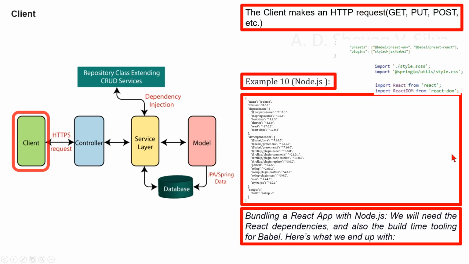As an example 10, we are considering building a React app with Node.js. We will need React dependencies and also build time tooling for Babel. Here is what we end up with.